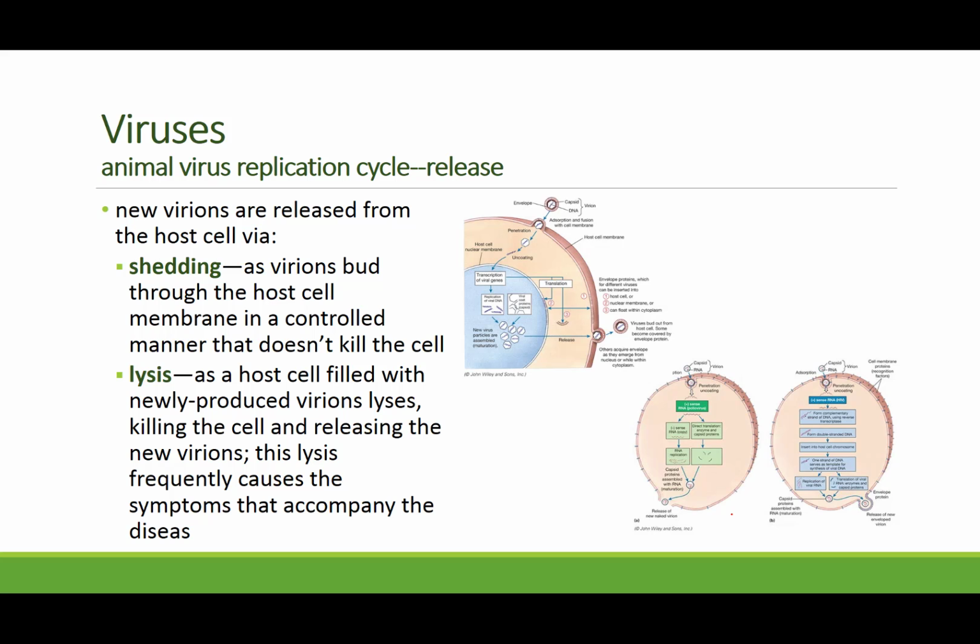Or if it's a virus that destroys the cell through lysis, then that host cell will fill up with the virus particles that have been made, and then bursts open, and the virus particles are released. And that lysis is what then causes the symptoms that we associate with the disease as the cells begin to die.